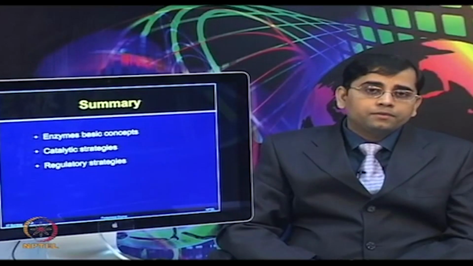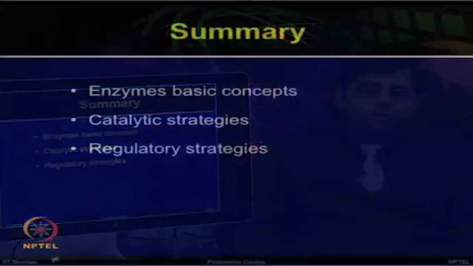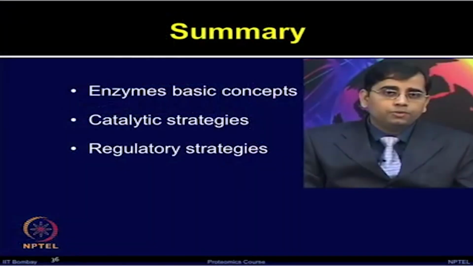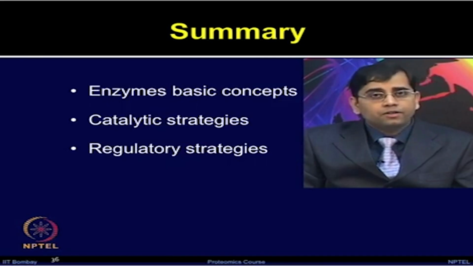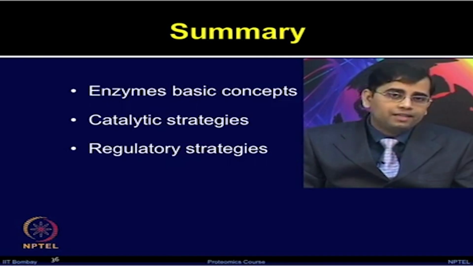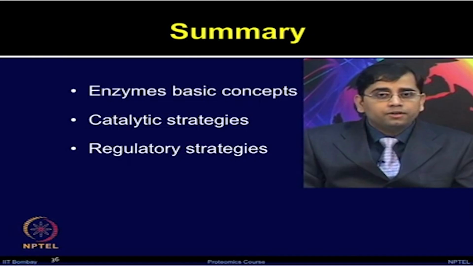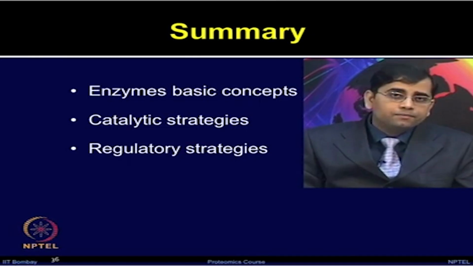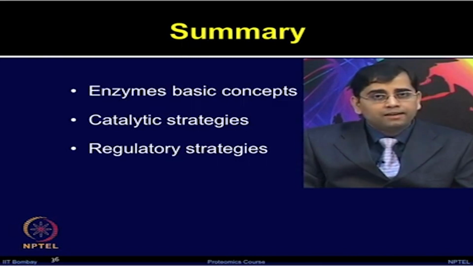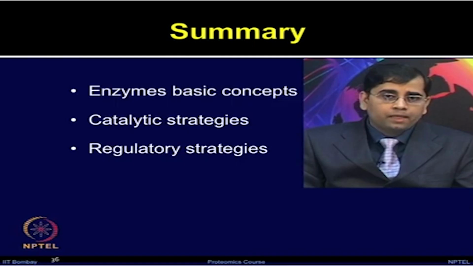So, in summary, today we discussed various concepts related to enzymes, which are highly effective catalysts. There are several catalytic mechanisms employed by enzymes, which include acid base catalysis, covalent catalysis and metal ion catalysis. We discussed some of these mechanisms in some detail.